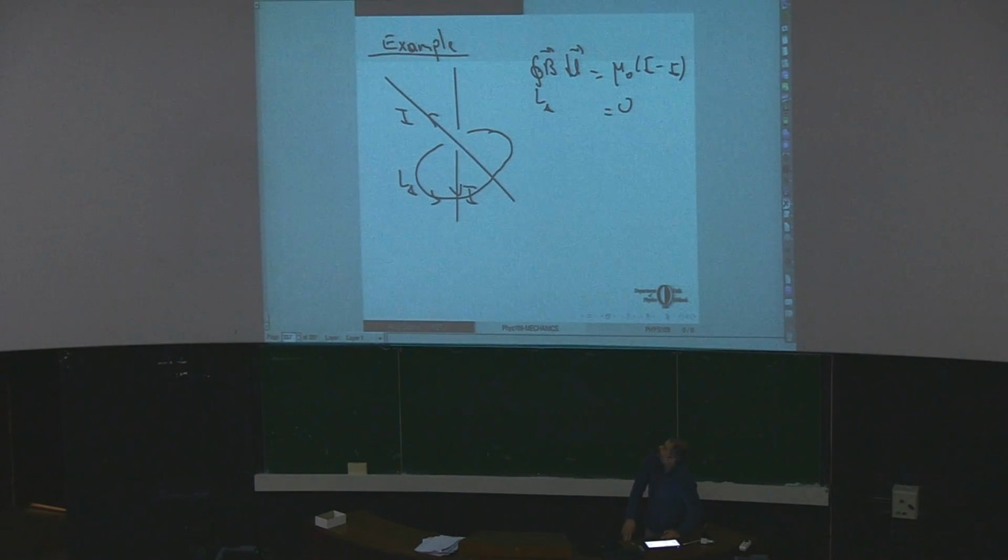Now that is infinite. These wires are still infinite. But let's take some other loops. This was one loop. Let's imagine a second loop like this.